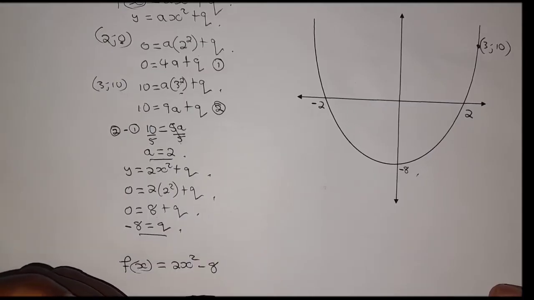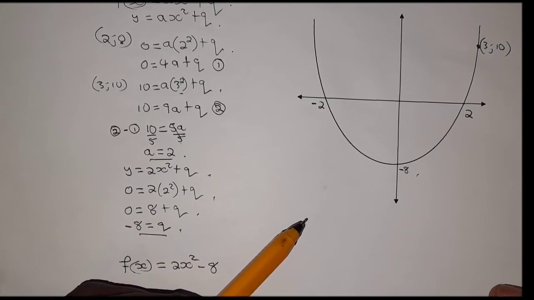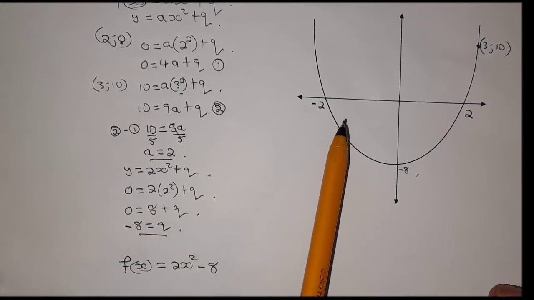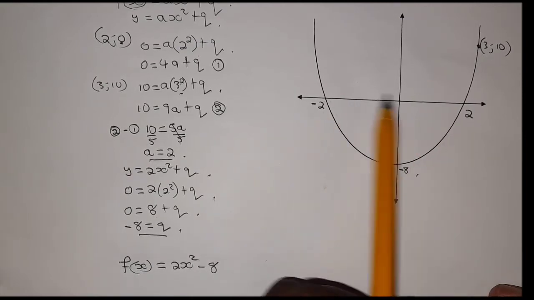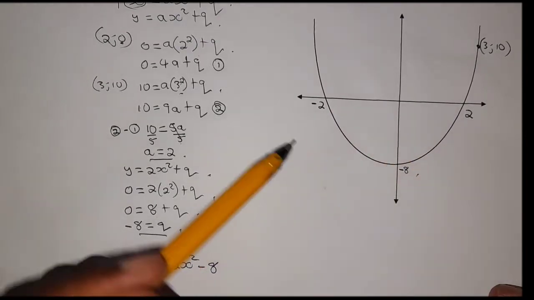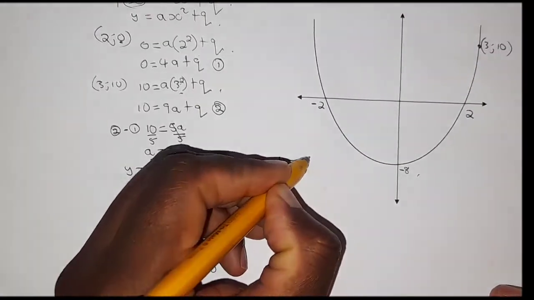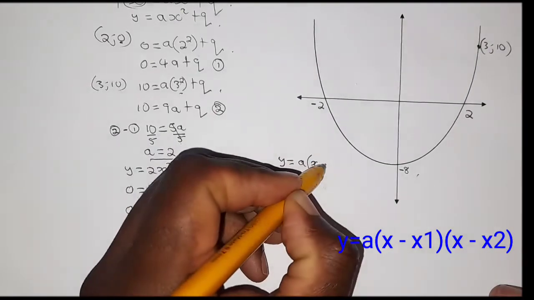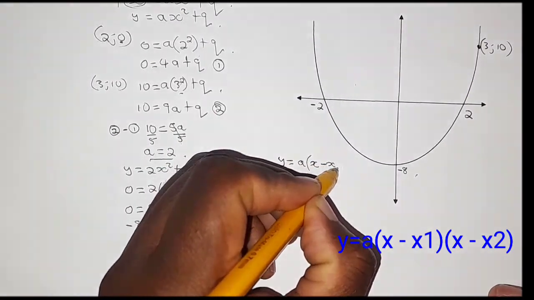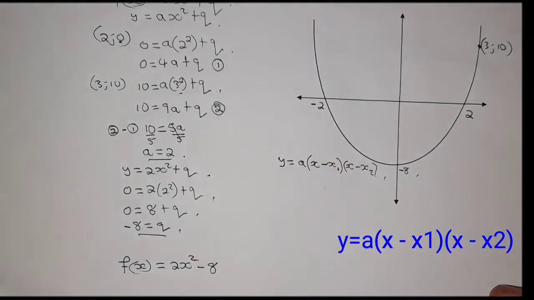And then the other method, this is the first one. The second method, which works if and only if you have got the x-intercepts, is y is equal to a bracket x minus x1 bracket x minus x2.